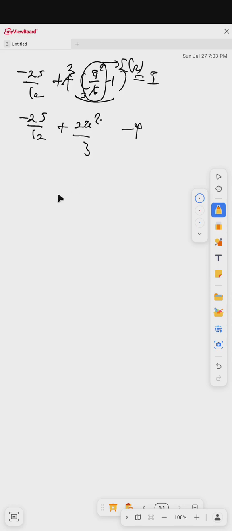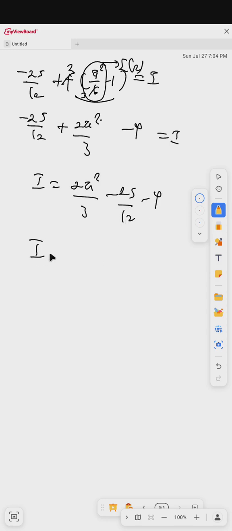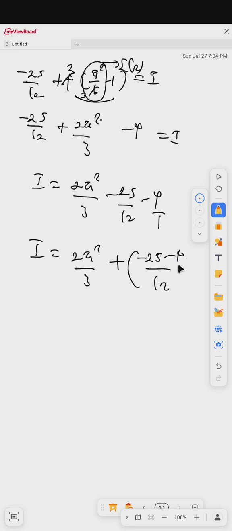So what we're going to do next is to collect like terms. So collecting the like terms, we're going to have I equals 2 pi squared over 3, then minus 25 over 12 minus 4. So we're going to have I equals 2 pi squared over 3, then minus, the LCM will be 12. So plus into brackets: 12 in 12, that is 1, multiplied by minus 25, we have minus 25, then minus 12 and 1, that is 12, multiplied by 4, we have minus 48.